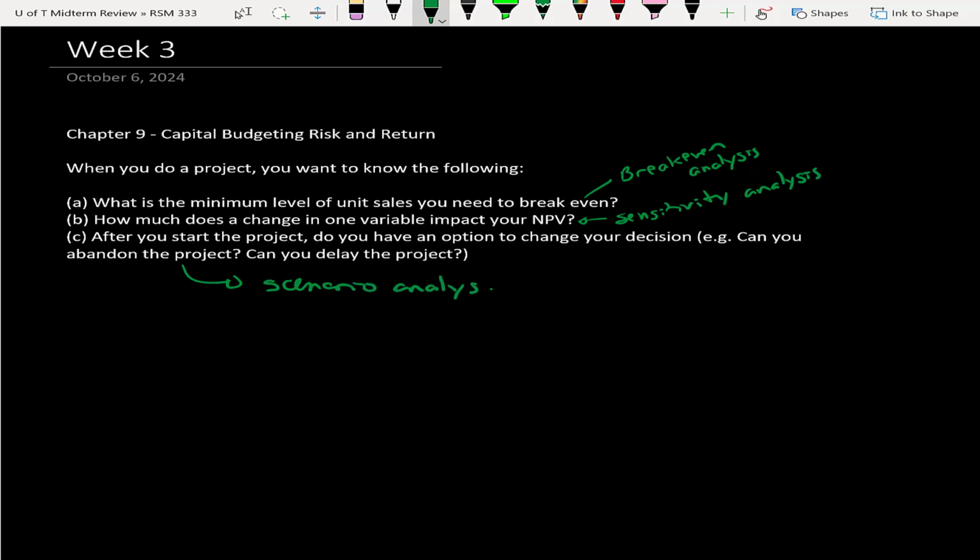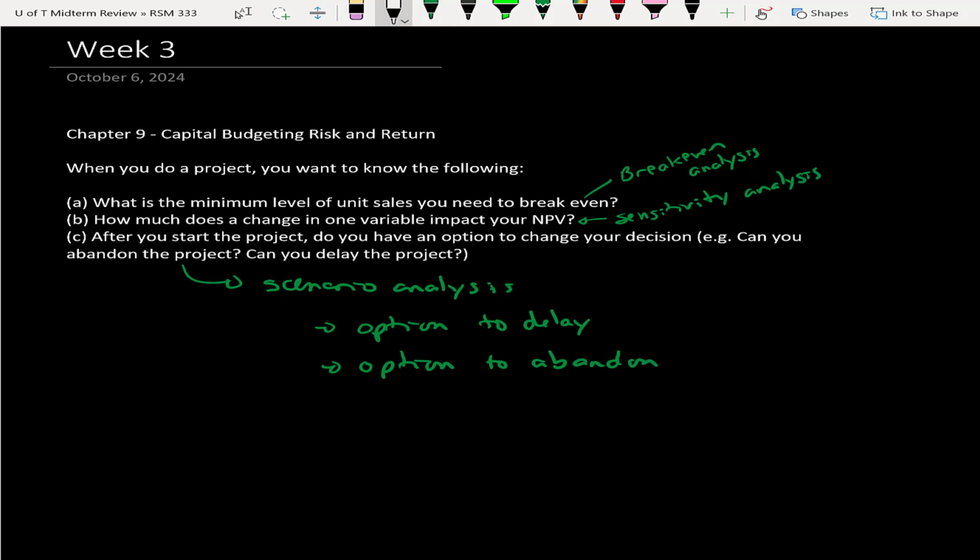And the two options that I talked about here are the value of these: the option to delay and the option to abandon if things are not going so well.